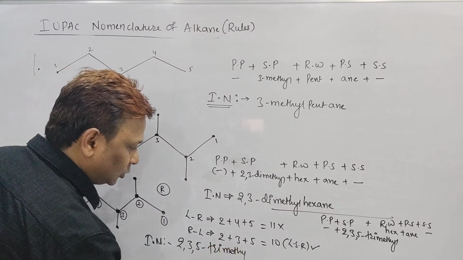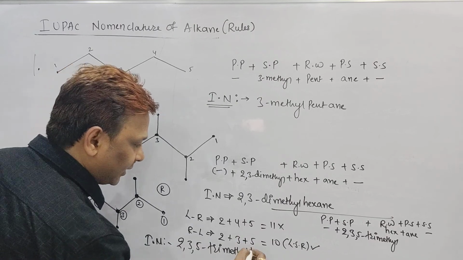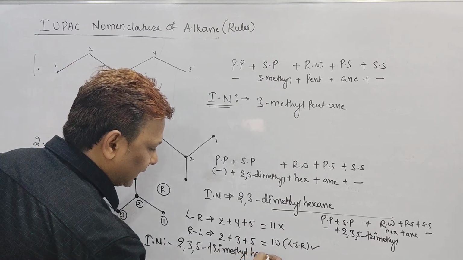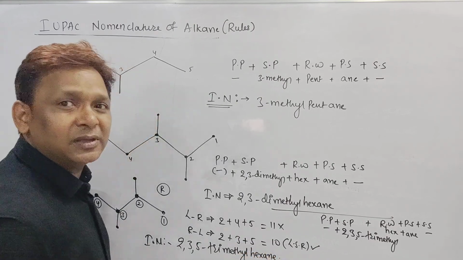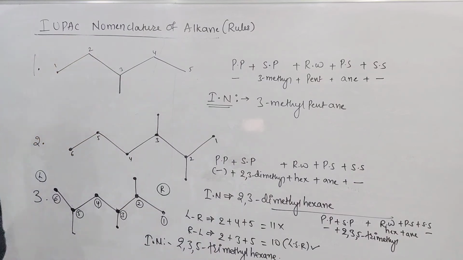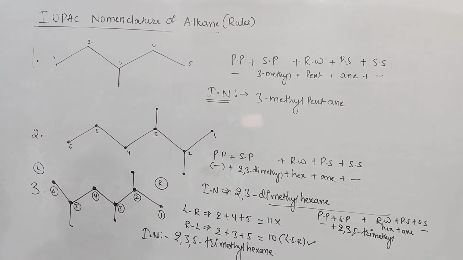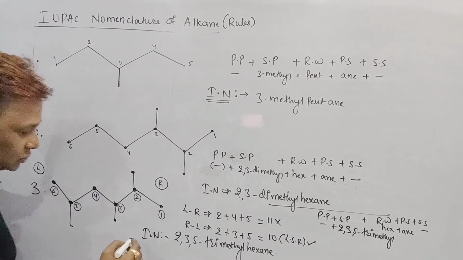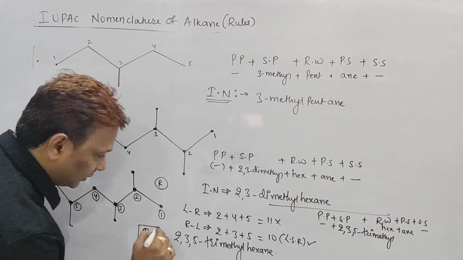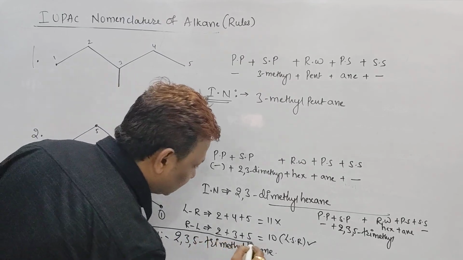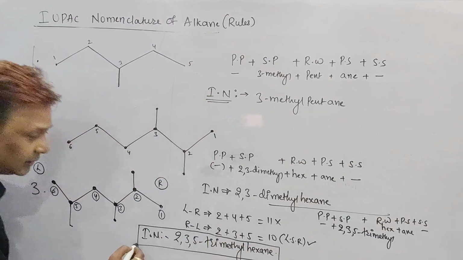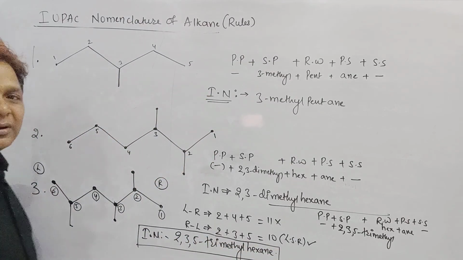Yes, beta, 2, 3, 5 trimethyl hexane is the IUPAC name of the compound. I think I should make it this way, beta. Is it visible? Very good. So the IUPAC name of the compound is 2, 3, 5 trimethyl hexane.